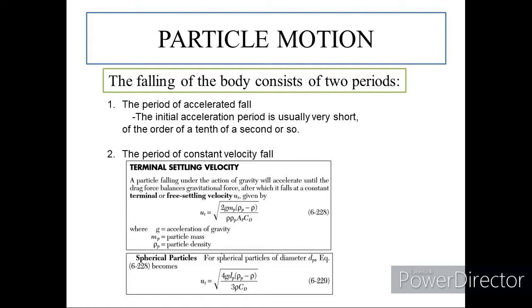All of these equations can also be found in your Perry's Chemical Engineers' Handbook, so you don't need to memorize all these formulas flashed on your screen. For a free settling velocity, you have to use this formula. In free settling, there is no hindrance to the motion of the particles that we are talking about.